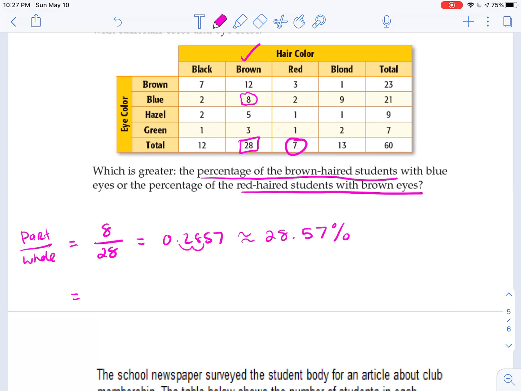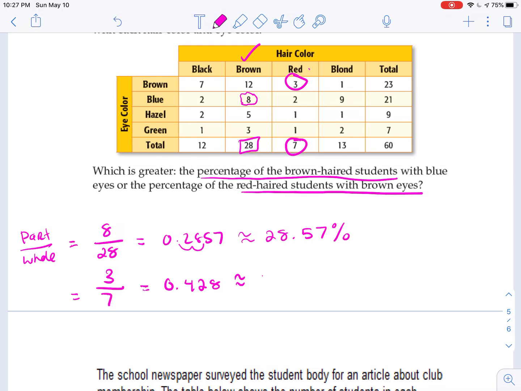We're comparing that to percentage of red-haired students with brown eyes. So what is my whole? What's my total? We're looking at red-haired students. That's my category. What's my numerator? Well, we want red hair, brown eyes. That's 3.